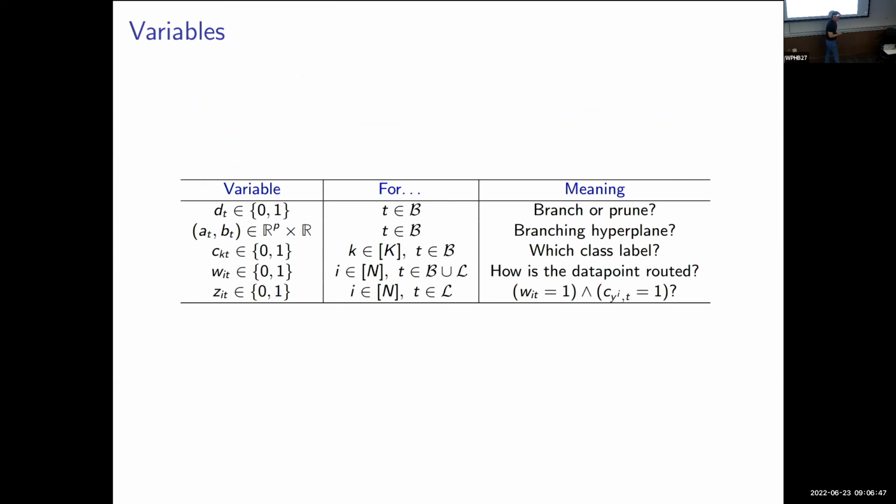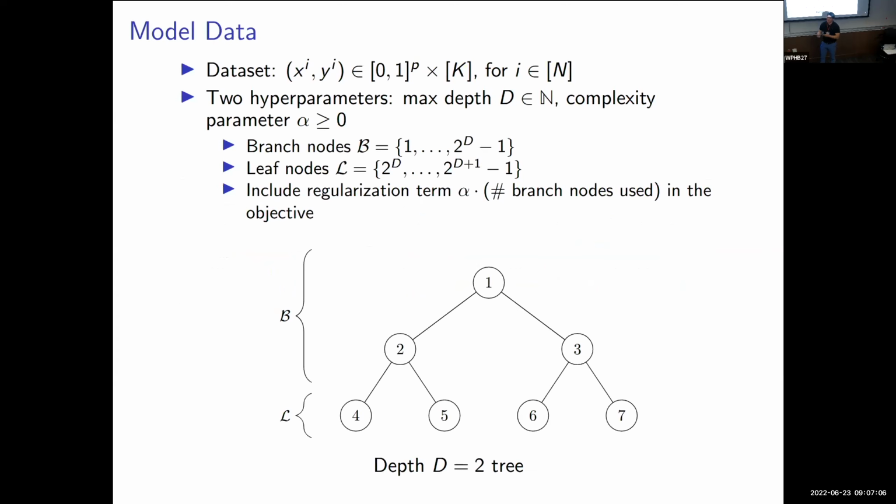This slide is all the decision variables. There's a lot of them. The most important ones to look at are the W variables, the fourth one down, but I'm just going to go through all of them. D sub t denotes whether or not we branch or prune at a given branch node. This is a full tree, but we're not necessarily going to apply a split at all of them.